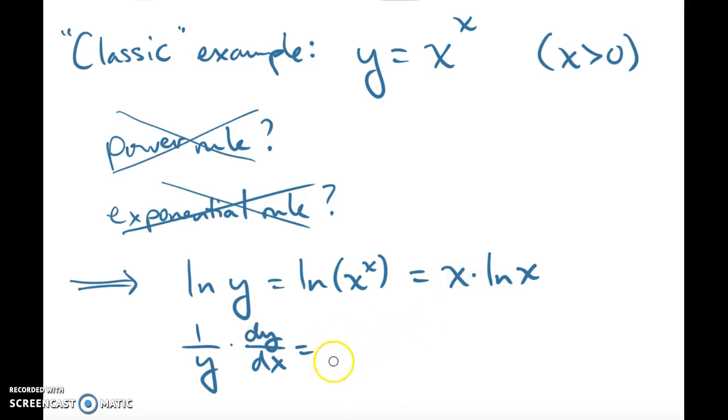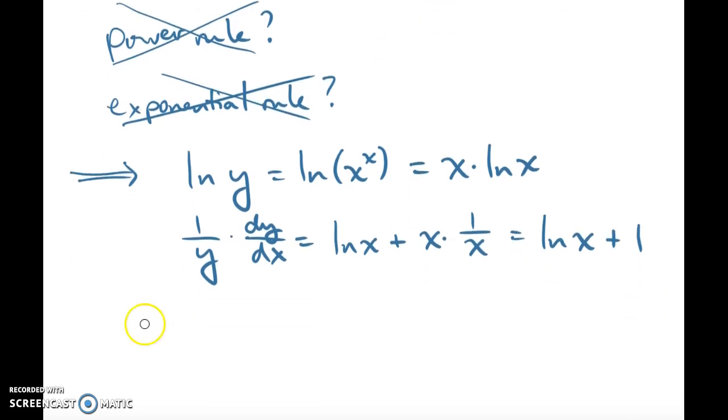Derivative of x is just 1 times natural log of x plus x times derivative of natural log of x, which is 1 over x. So that's natural log of x, the whole thing plus 1. So dy dx equals natural log of x plus 1, all that times y.